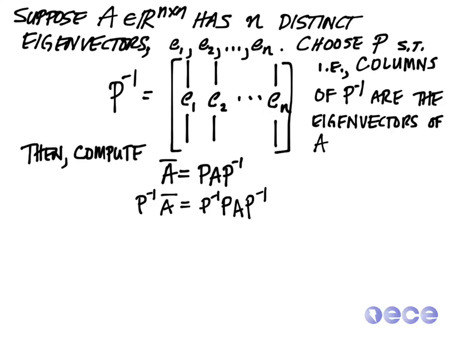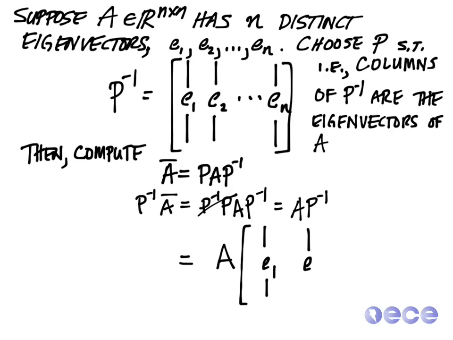So P inverse pre-multiplied by both sides gives us P inverse times A bar is equal to P inverse times P times A times P inverse. As you can see, some of these pieces go away. So P inverse times A bar is equal to A times P inverse. And I'll go ahead and just list out P inverse here, just as we defined it up above.